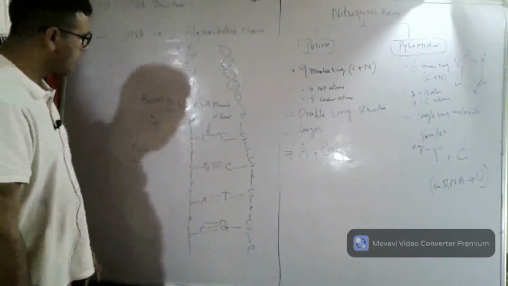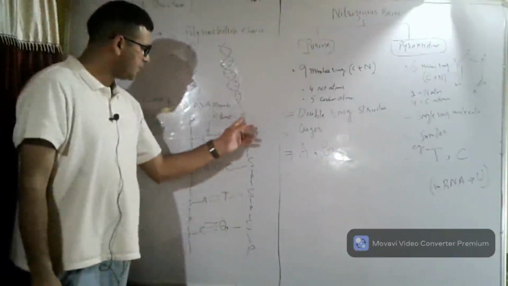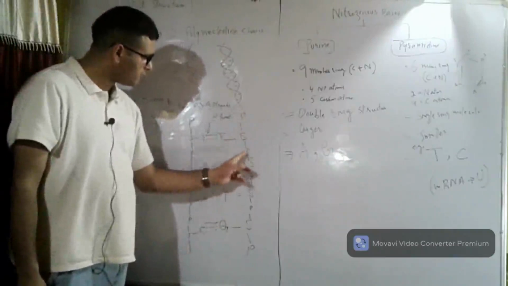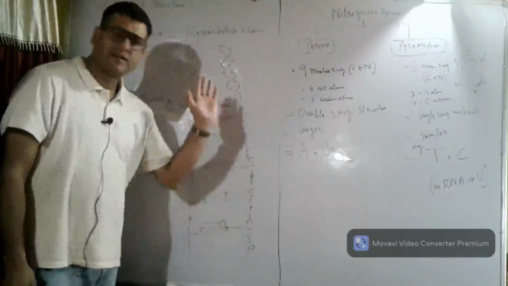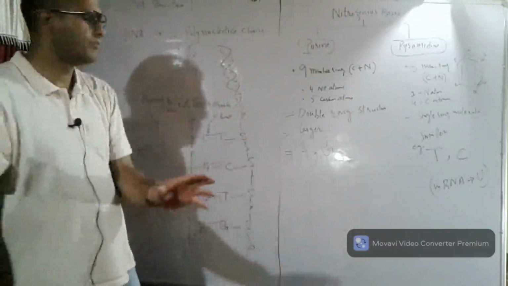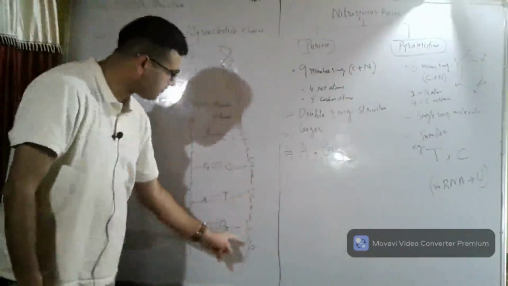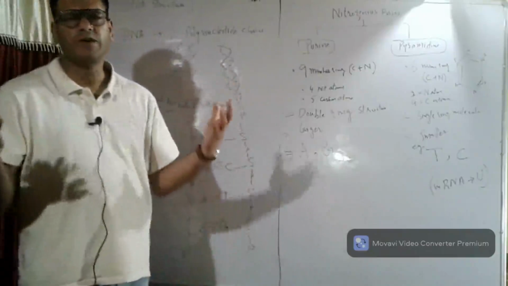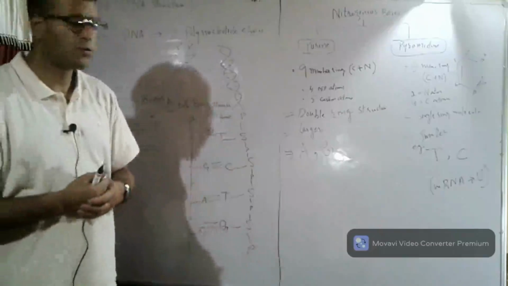Then we have another type of bond. This is called a sugar phosphate backbone. In a DNA molecule, we have a sugar phosphate backbone, and this sugar phosphate backbone has a bond that is called phosphodiester bond.